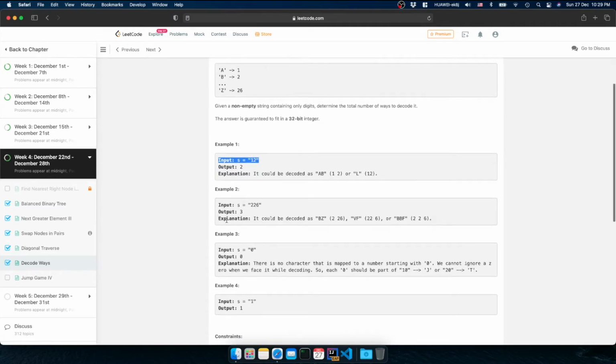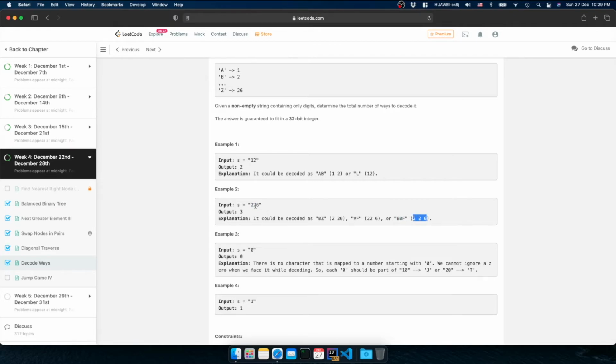Similarly, let's see the next example. The next example is 226. Now let's see the different ways in which we can decode this. First, consider 2, 2 and 6 as individual digits. So you can decode it as BBF, right? If you are considering 2, 2 as separate digits.